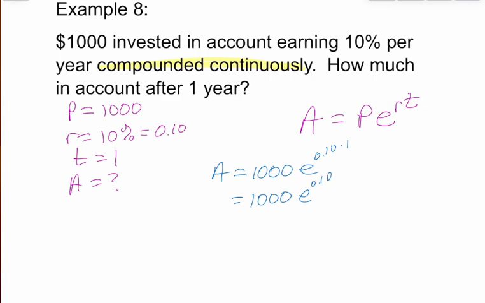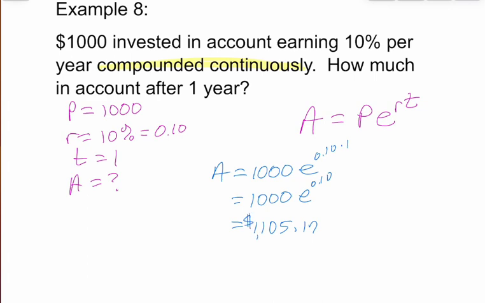On the calculators in the back of my room, just look for that LN button, and then you'll see the little e above there, and you have to hit the second first for the e to appear. And if we do 1,000 times e to a power of 0.10, rounded to the nearest penny, because this is money, this is $1,105.17.